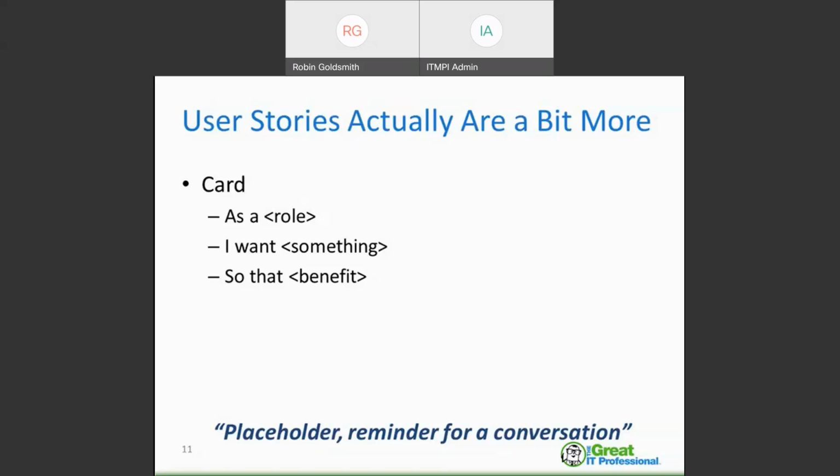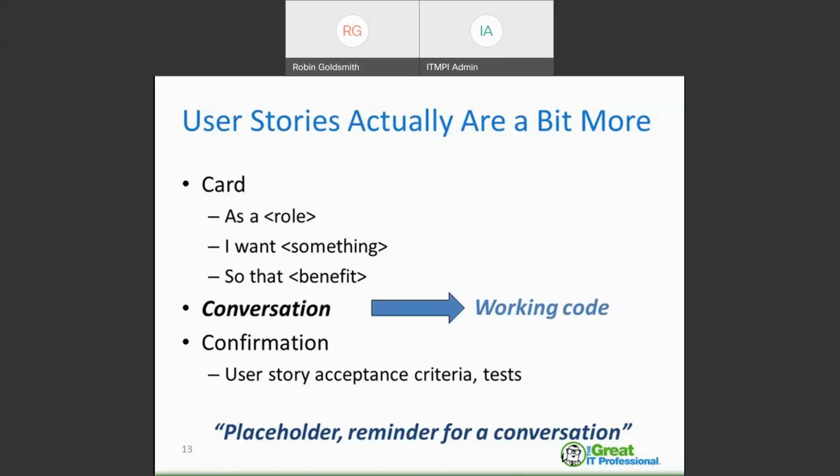for conversations. On the back of the card is the confirmation, and that's the user story acceptance criteria and or user story acceptance tests. And I'll acknowledge right off the bat that many people don't really make distinctions between those two terms. And then the third C is that conversation that the user story is the placeholder or reminder for.